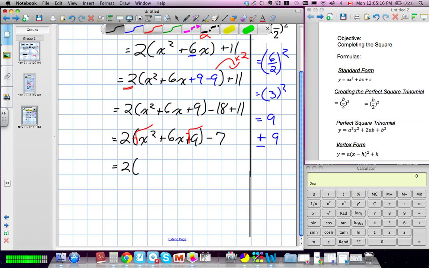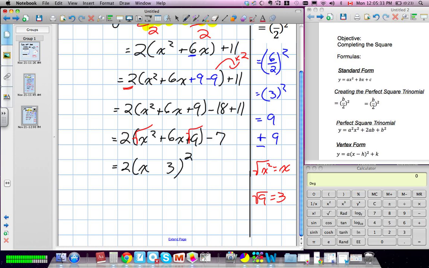Square root of 9 is 3. So that is our first and second term in the brackets. We combine it to just one bracket squared. We know the two brackets are going to be the exact same, and we get x and 3. And because 6 is positive, we bring the positive sign down. Minus 7.